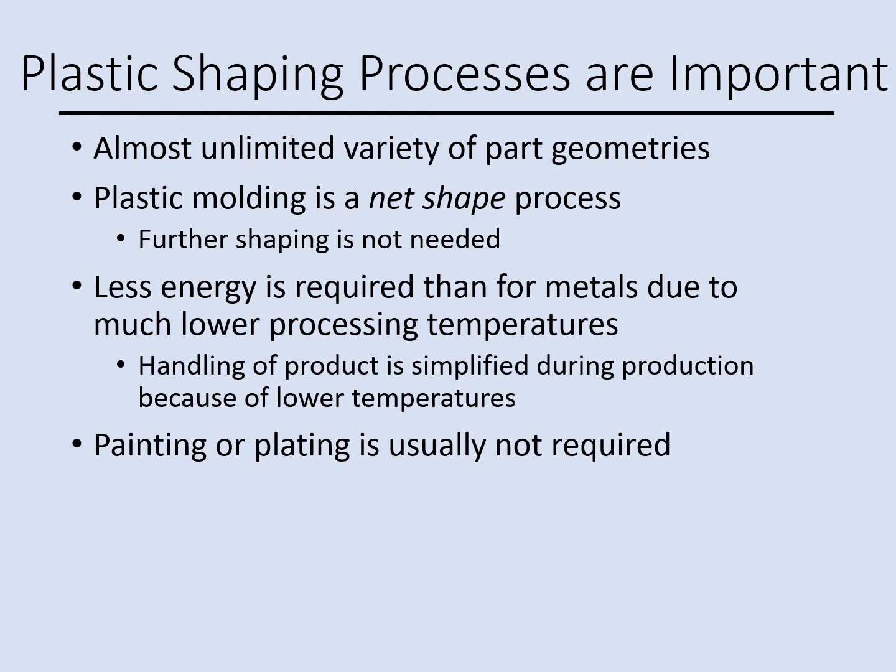Next reason, finishing by painting or plating is not required for plastic material. There are some circumstances where we need some painting, but generally painting is not required for plastic material.